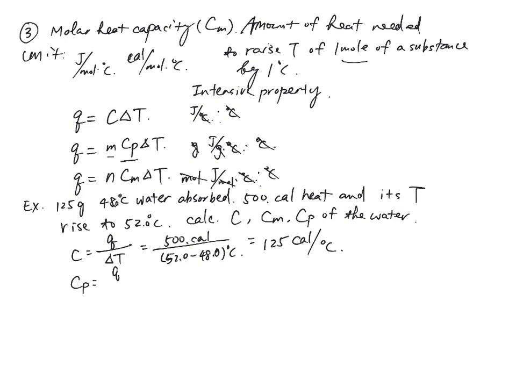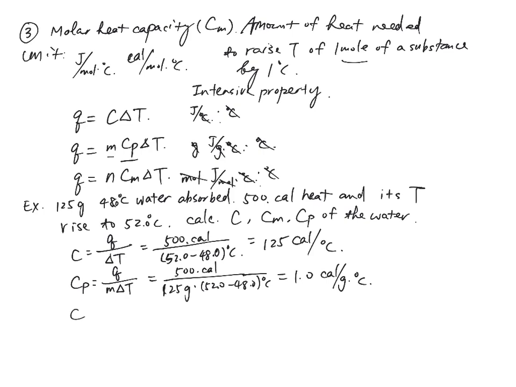Specific heat is Q over m delta T, just simply rearrange the equation. 500 calories over 125 grams times 52.0 minus 48.0 degrees Celsius. So you end up getting 1.0 calorie per gram per degree Celsius.